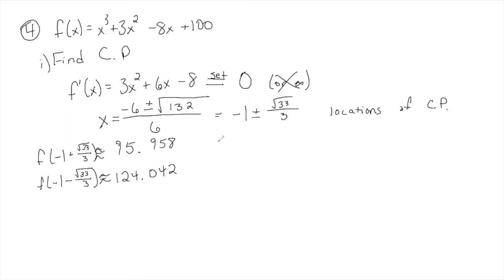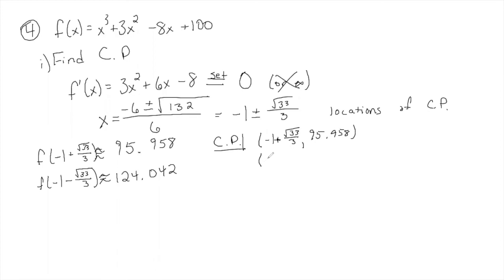Okay, so my critical points are going to be -1 plus square root 33 over 3, comma 95.958.